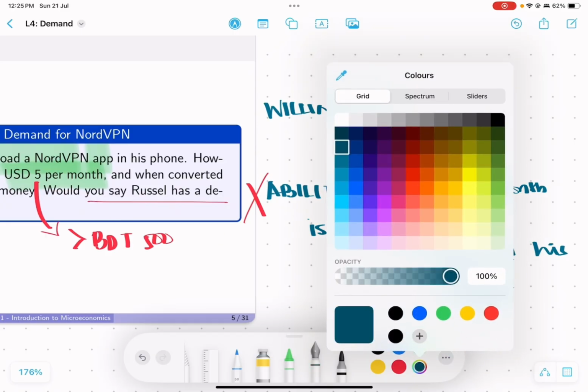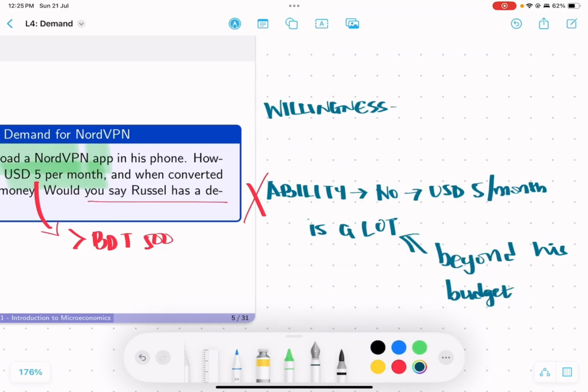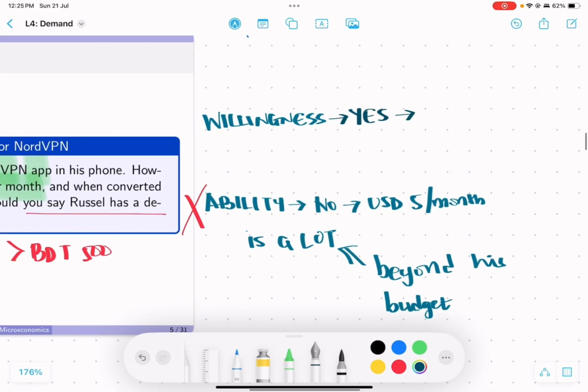What about willingness? Well, yes, he does have the willingness to buy the good. That's why he went into the app store. He wants to protect his internet activity and he doesn't want his bank details to be stolen. So yes, he is interested in getting hold of NordVPN. So we would say that he does have the willingness.